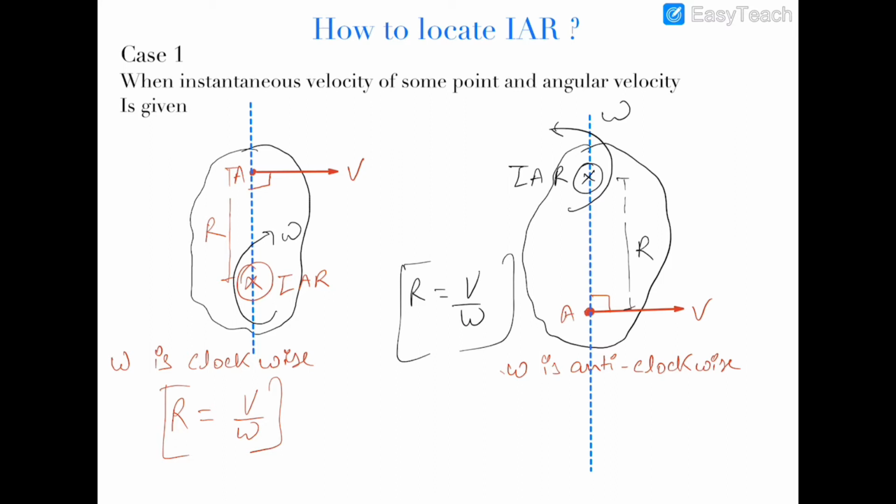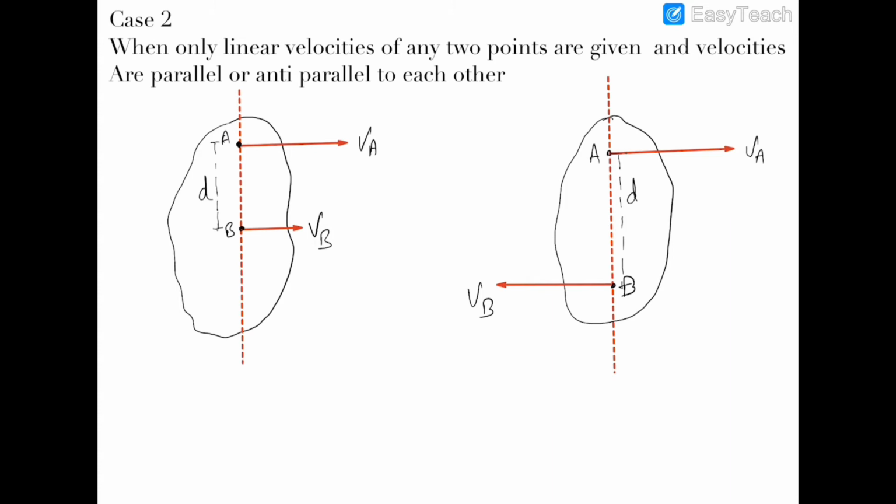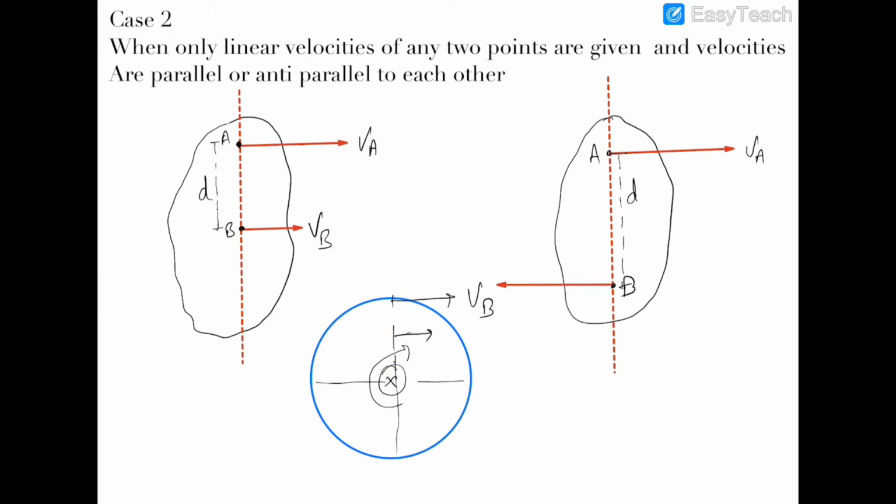Okay, now in case 2, the velocity of any 2 points is given and omega is not given to us, and the distance between these 2 points is also given. So we have to find the IAR in this case. If some system is only rotating about some axis or its center, then all the points which are lying on one side of the center would be moving in the same direction, like that, and the other points on the different side would be moving in the opposite direction, like that.